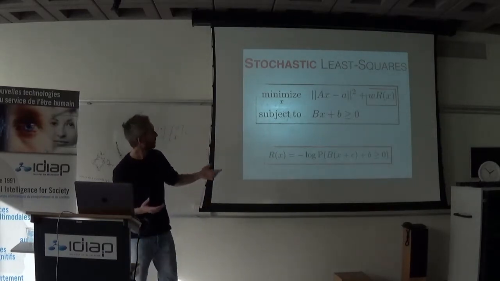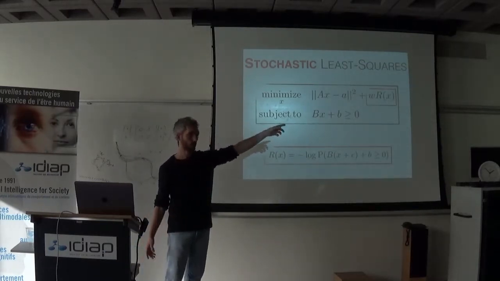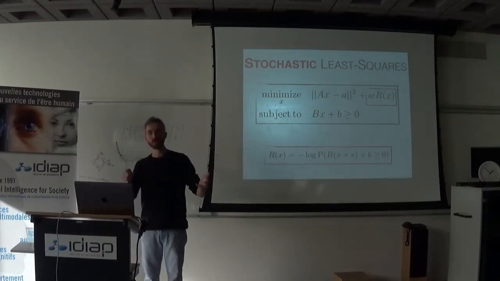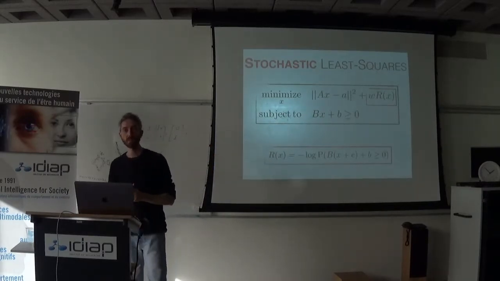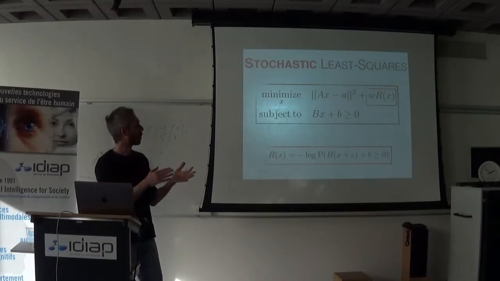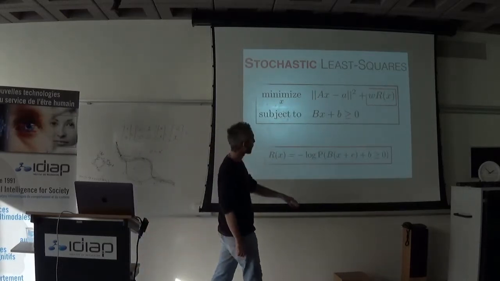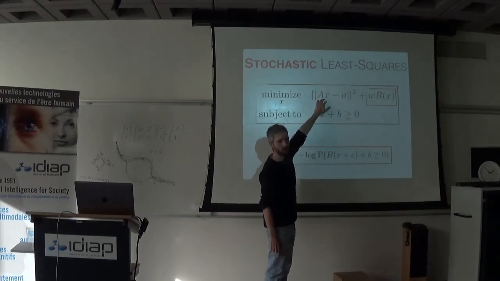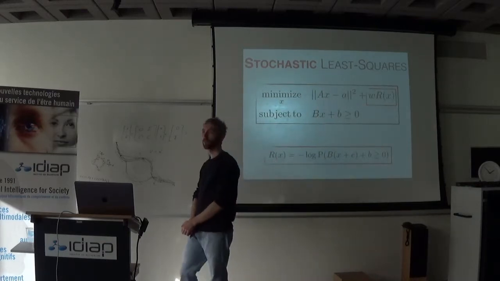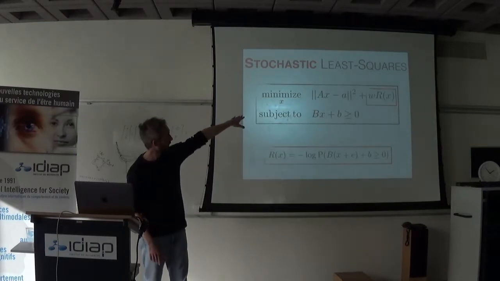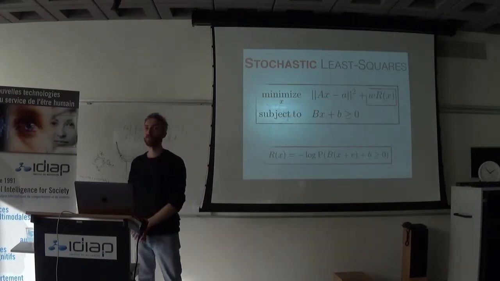And the parameter W, which is a weight, is a user-defined parameter that allows you to decide how much you care about robustness, measured by R, and how much you care about tracking the reference trajectories, which is defined by the classic least square cost function.